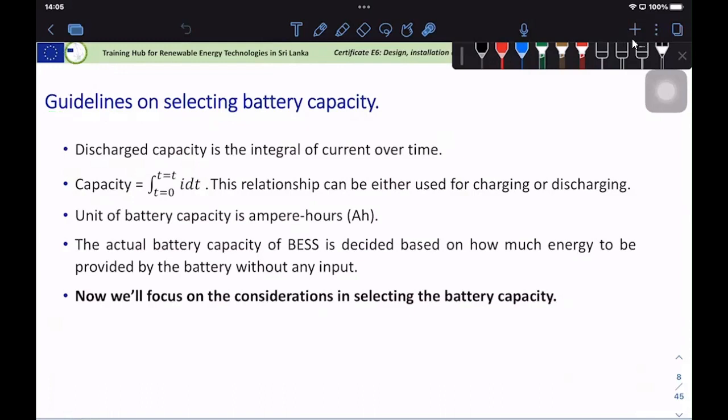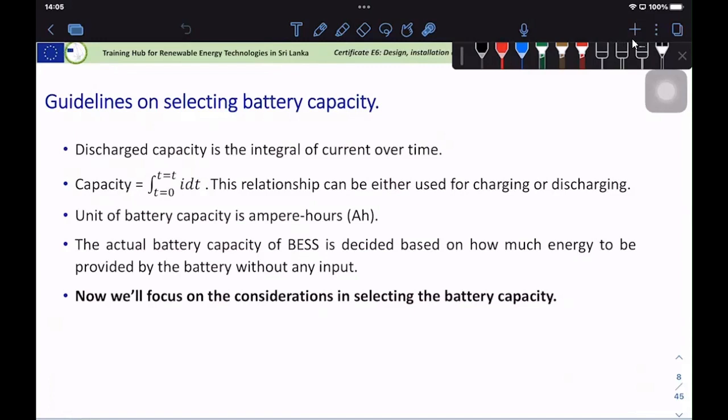And the actual battery capacity of a battery energy storage system is decided based on how much energy is to be provided by the battery without any input. As you know, battery energy storage systems are used when the power is not available, right? So that's why we use the battery. Let's say we have connected a solar or wind energy.